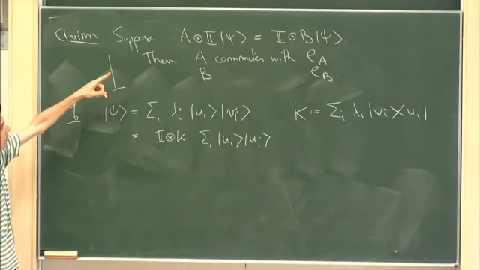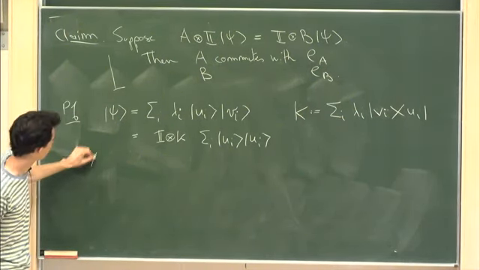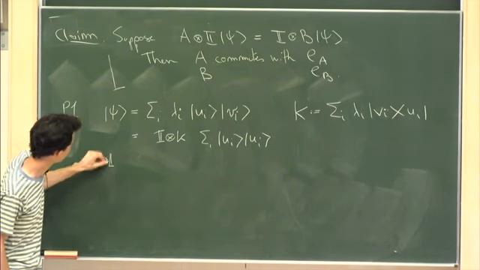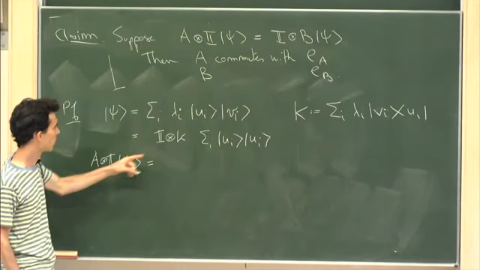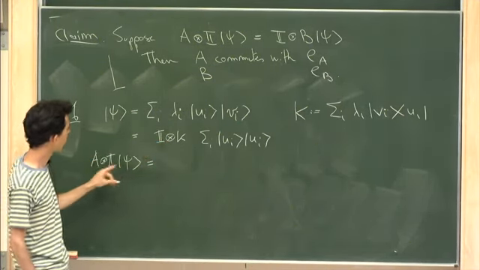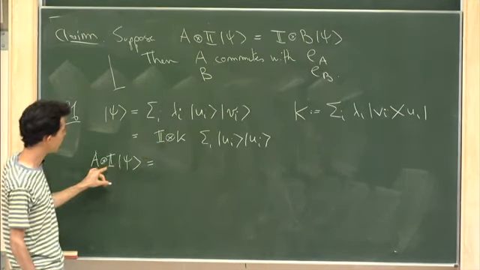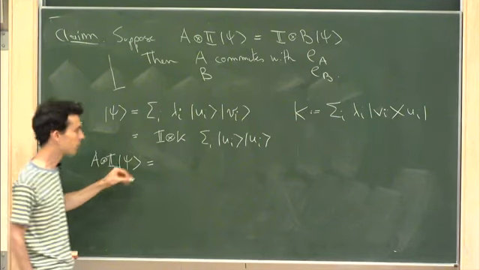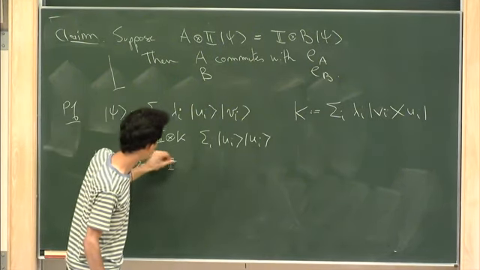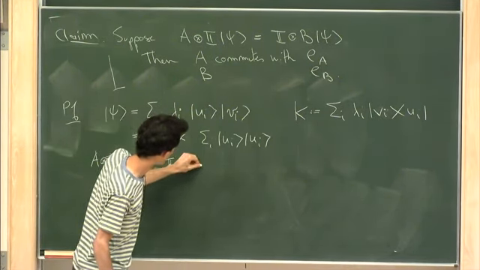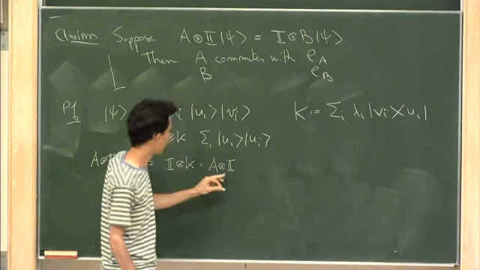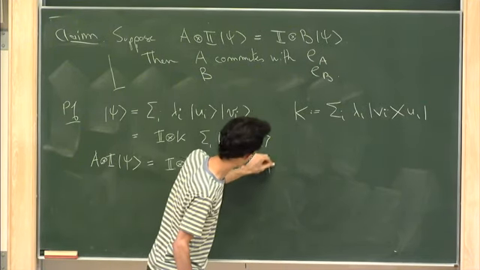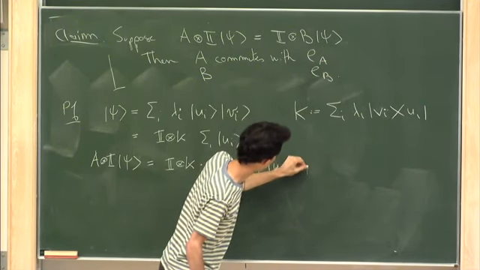So now let's take our assumption up there and let's write A tensored identity applied to psi. This is equal to, so psi I can write in this form, but A tensor identity and identity tensor K commute because they act on different systems. So I can write identity tensored K times A tensored identity applied to the state sum over i of u_i u_i.